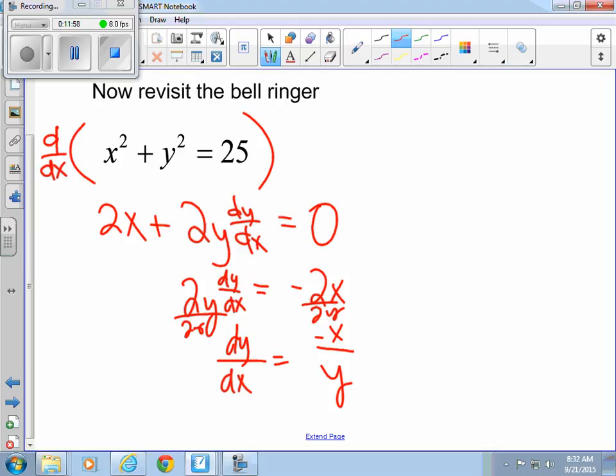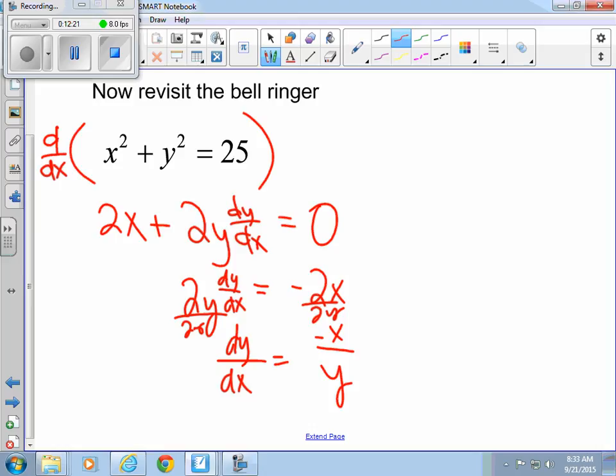Remember I made you find the slope at 4, 3? Well, what would this be at the x value 4 and the y value 3? You just put 4 and 3 in, right? But you get negative 4/3. In fact, I'll even have the correct sign on it, because you took into account the y value also.